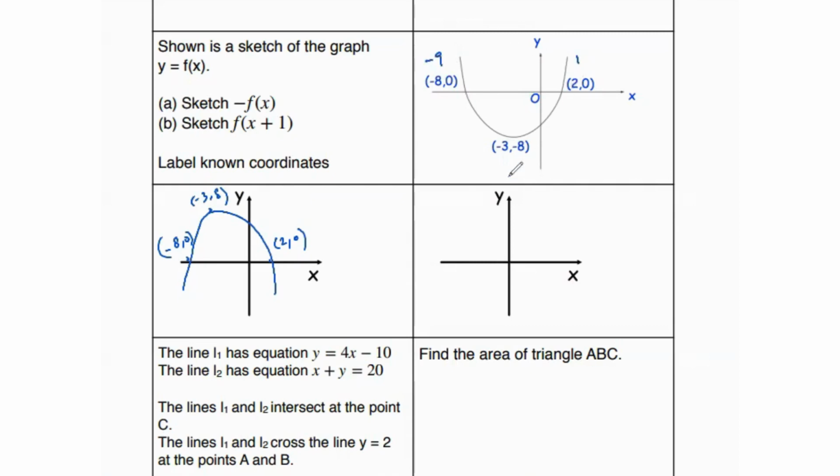This will become 1 and this will become -4. The y value remains the same. So it's going to be -9, 0. It's going to be 1, 0. And it's going to be -4, 8. The shape is the same, but there's a horizontal translation towards the left-hand side.